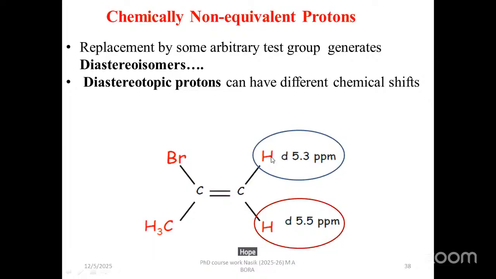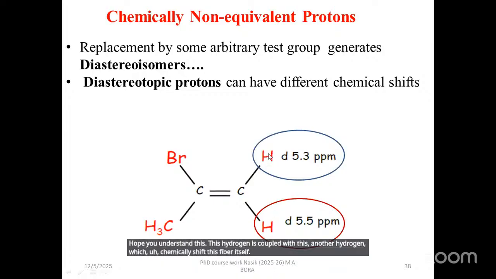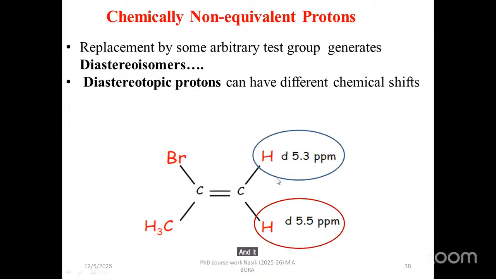It is coupled with this other hydrogen, whose chemical shift is 5.5, and it is also coupled with this CH3, maybe a four-bond coupling. So a long range coupling of this hydrogen with CH3 will be seen, and a geminal coupling of this hydrogen with that hydrogen will be seen.